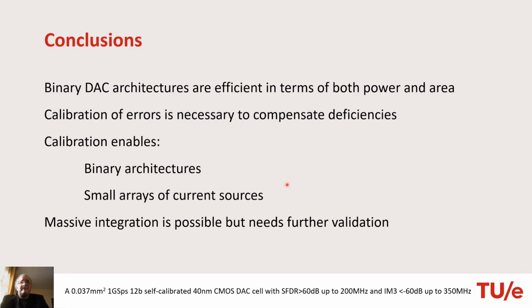Then massive integration will become possible, but further validation is needed. We integrated 16 D2A converters, but we couldn't really measure these so far in a phased array setup. This is work for the future.